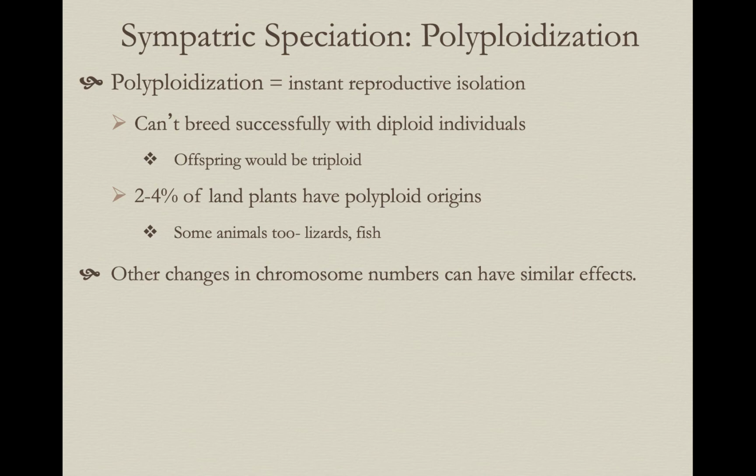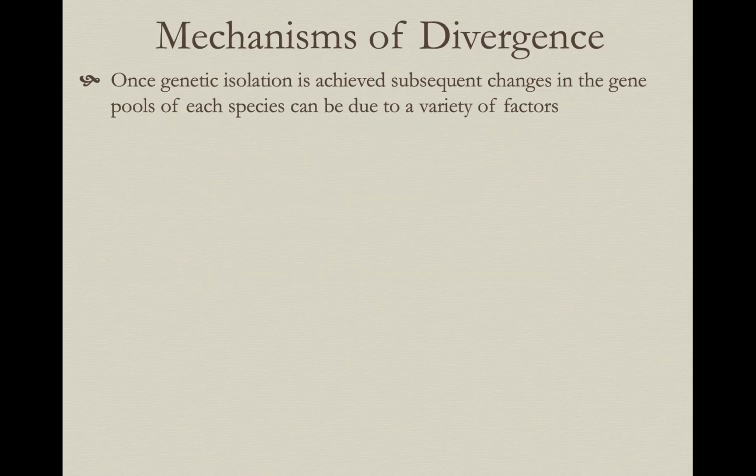If you have extreme disruptive selection, where individuals with different genotypes only mate with individuals like them, and that's strict enough, that can lead to genetic isolation in the same general area. So you may go back and look at your notes on disruptive selection to revisit that issue. But if that was persistent enough for a long enough period of time, it could lead to the formation of new species sympatrically.